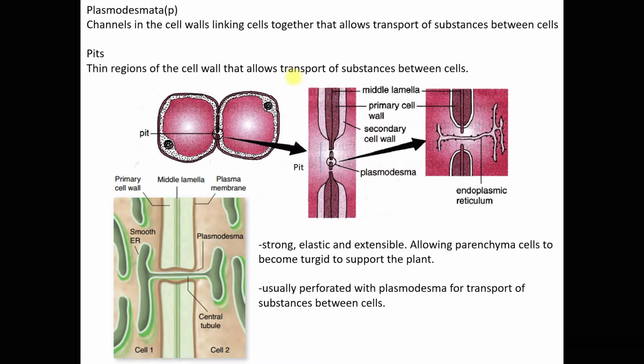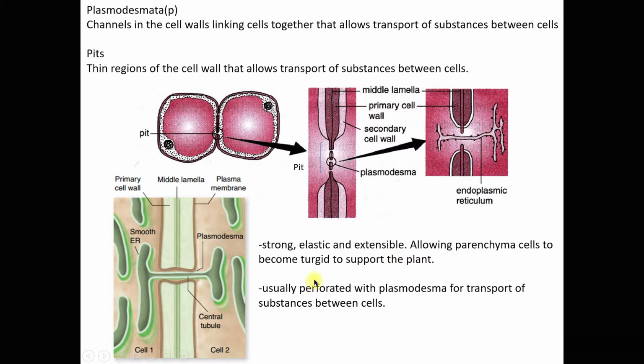Next, this primary cell wall is strong, elastic and extensible. And this allows parenchyma cells to become turgid that support the plant cell, or eventually support the plant, give turgidity to the plant.